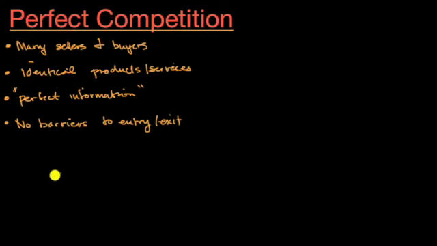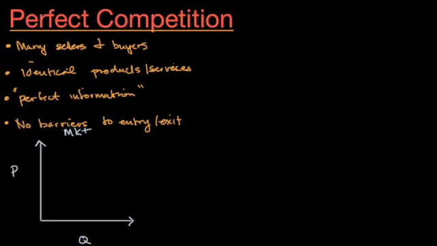So we can look at the market as a whole for whatever this product and service is. So let me draw price versus quantity here for the market as a whole. So this is price, and this is quantity, and this is the market right over here. And so we've seen this multiple times in our economics journey, that you have an upward sloping supply curve. And once again, this is for the entire market.